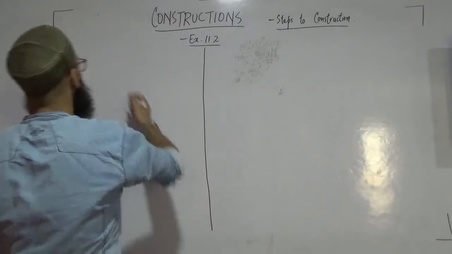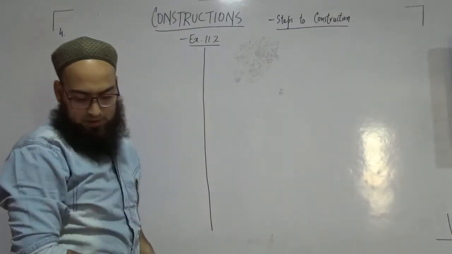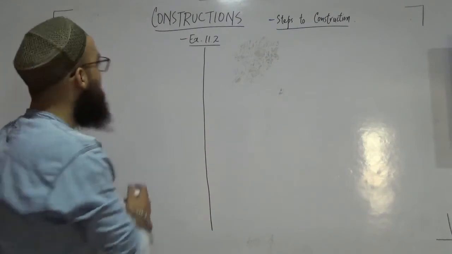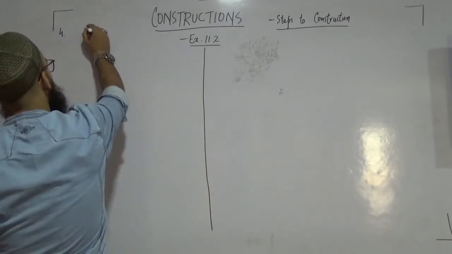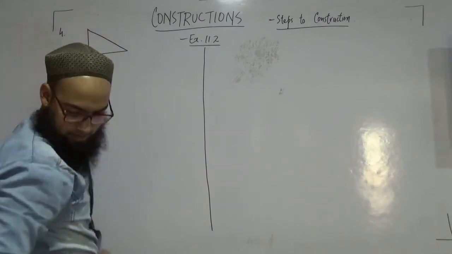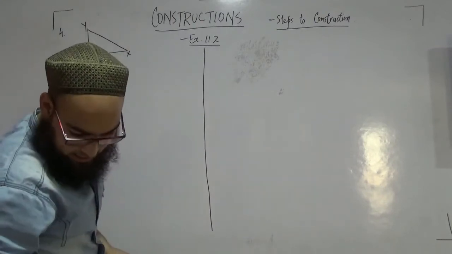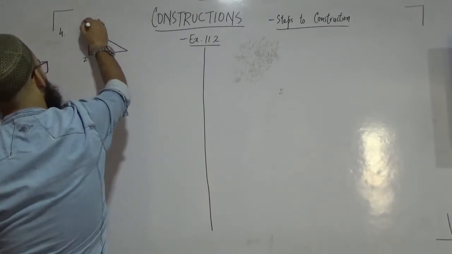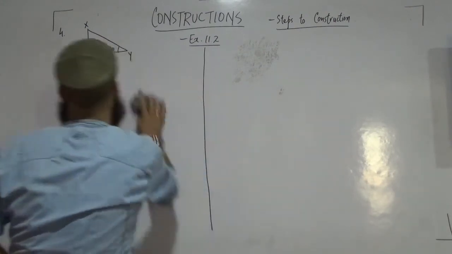After that, next question, question number 4. Construct a triangle XYZ in which angle Y is equal to 30 degrees. Very important question. Angle Z is 90 degree.